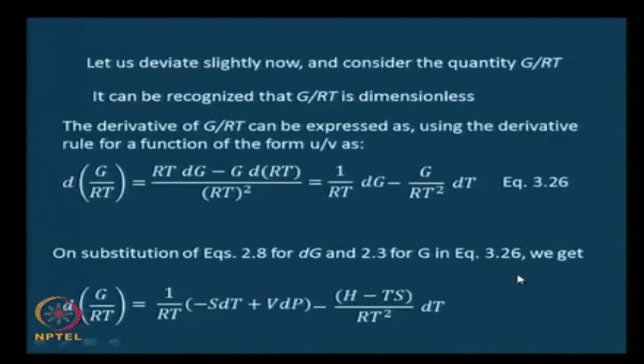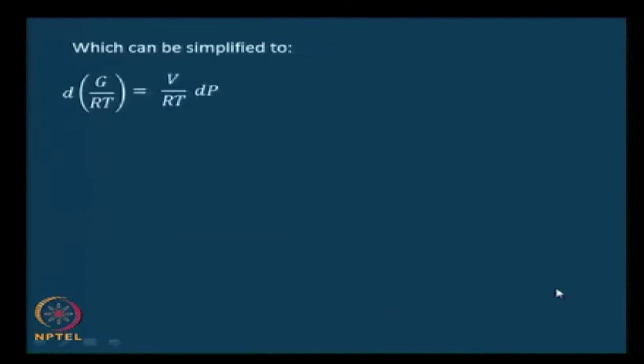I am sure you can see this here. Equation 3.27. Now, this is the total differential. You know that the total differential of an exact differential can be written as a partial derivative: dou (G by RT) dou P dP plus dou (G by RT) dou T dT.